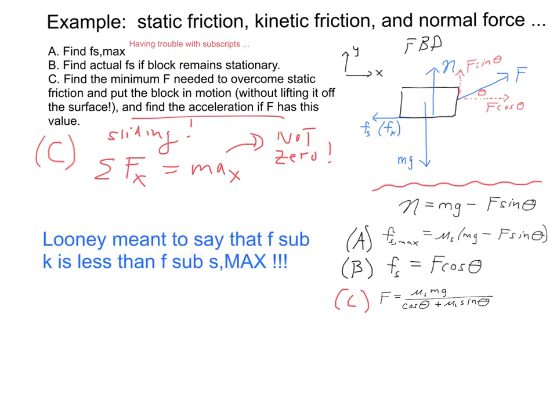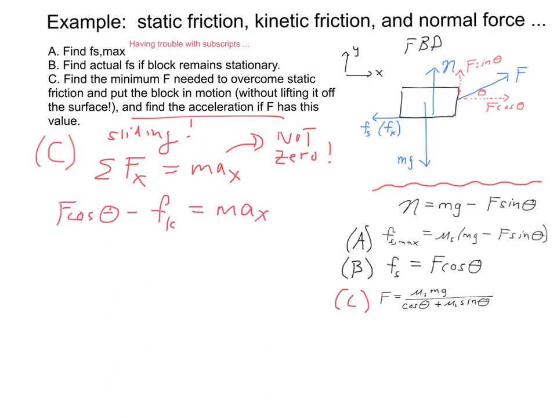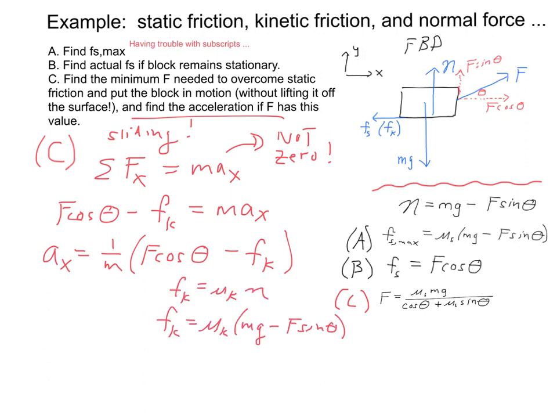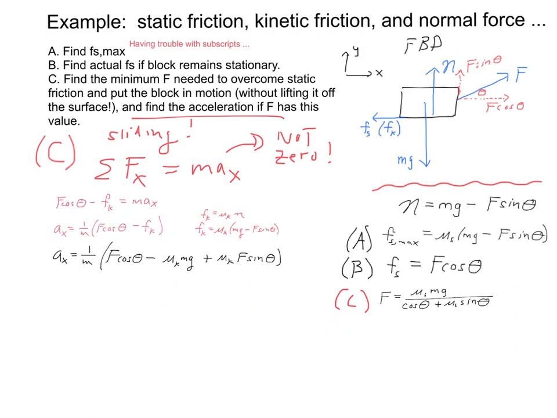First we plug in the forces in the x direction, then we can solve for the x component of the acceleration. We note what F sub k is. Now of course this F here and here has this value, but let's take stock of what we have here before we go and complicate things further by plugging in F. Here I've got F cosine theta minus F sub k, that's this.